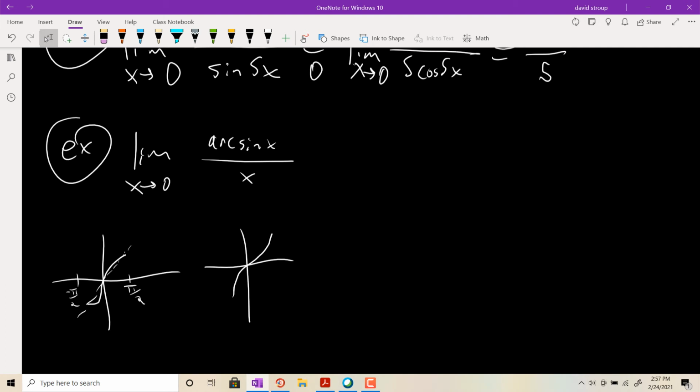But anyways, as we approach 0, arc sine is equal to 0, and as x approaches 0, x is equal to 0. 0 over 0 form, so we could do L'Hopital's. The derivative of arc sine is 1 all over the square root of 1 minus x squared. Derivative of x is 1. Plug in 0, and you just get 1 over square root 1. So 1.